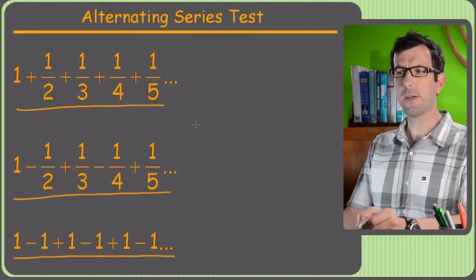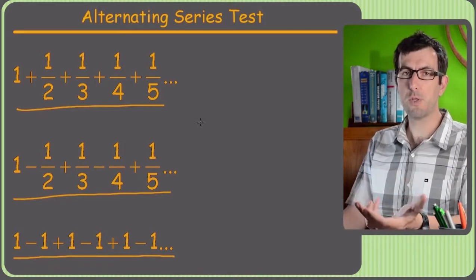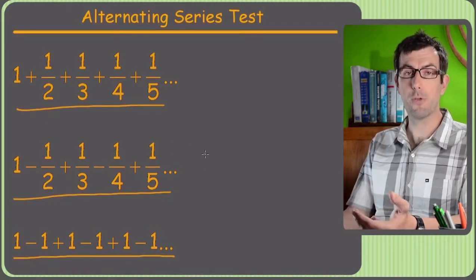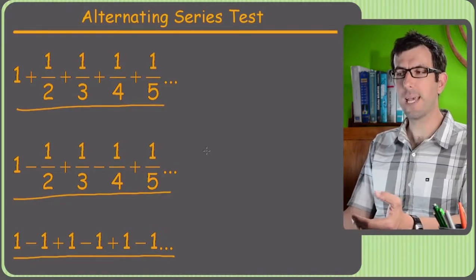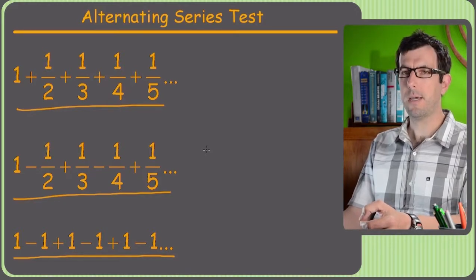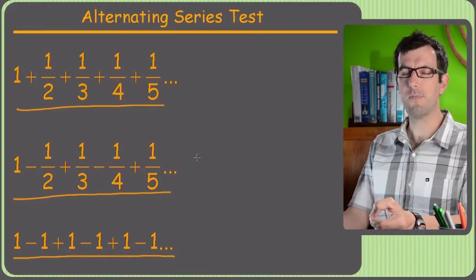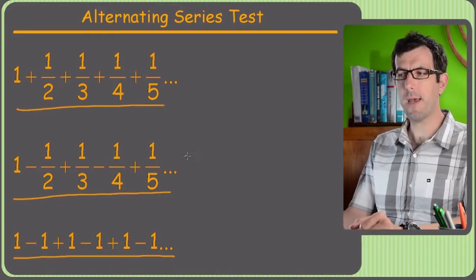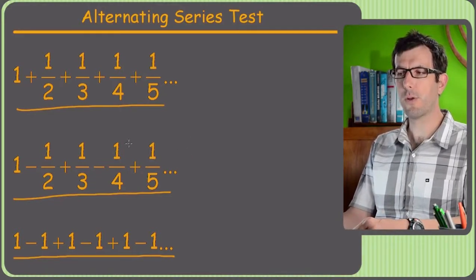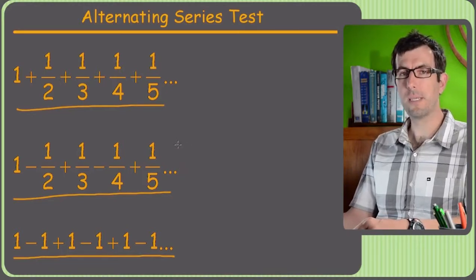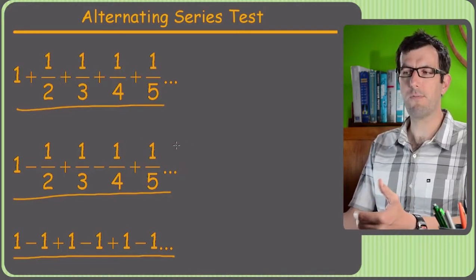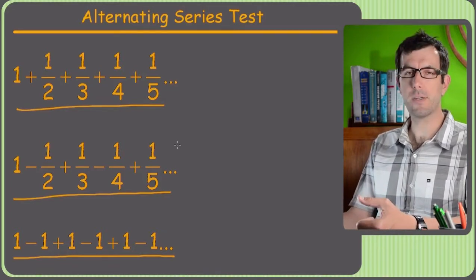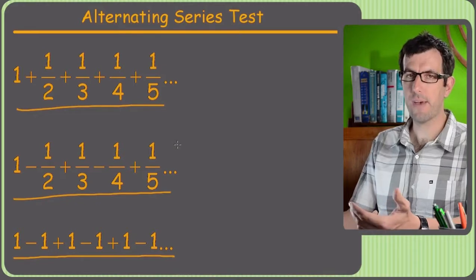So alternating series converge pretty much no matter what, as long as the nth term is approaching 0. So basically this only has to satisfy the nth term test: the limit as n approaches infinity of a sub n needs to be 0. But aside from that, alternating series all converge, whether they're harmonic or p-series, all the stuff that would have failed before, like if it would have failed the ratio test, or if it would have failed the p-series test because p was less than 1, that's fine.